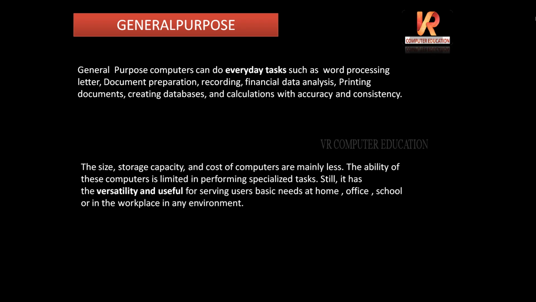Next, the size, storage capacity and cost of general purpose computers are mainly less. The ability of this computer is limited in performing specialized tasks, so it will not perform a special task. All tasks like word processing, document creation, daily transactions it will perform, but for specialized tasks these computers will not work. Here specialized task means it works for only one job.